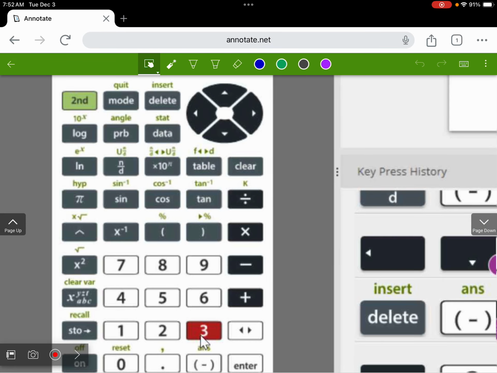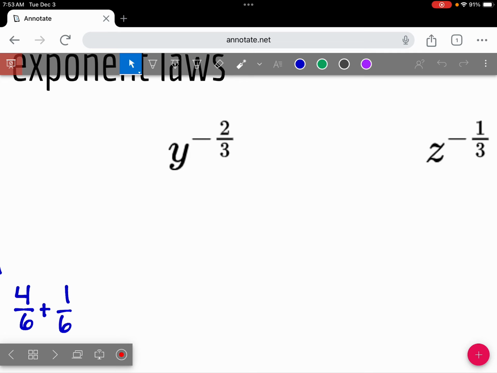This middle one we kind of talked about. What does our negative exponent do? It flips it. The name for when it flips like that is the reciprocal. So a negative exponent makes the reciprocal.